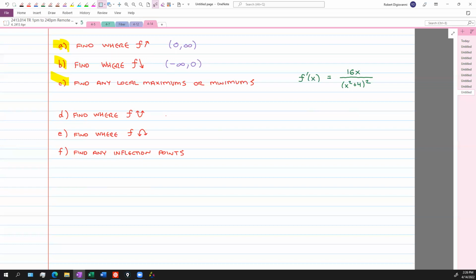I'm only going to go maybe another 30 seconds because I realize setting this second derivative to 0 is going to maybe be a problem for some people.